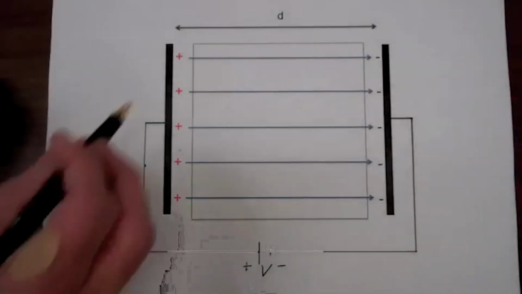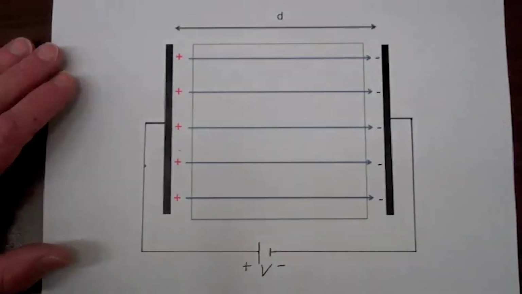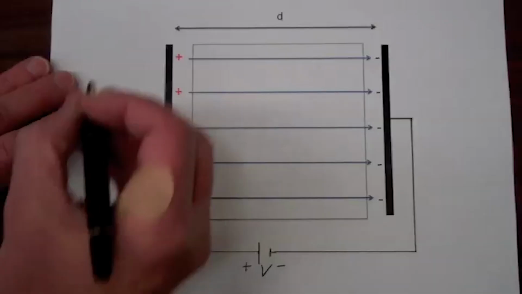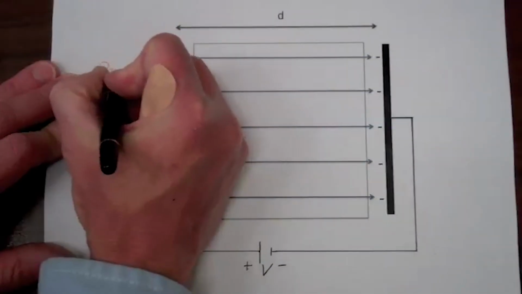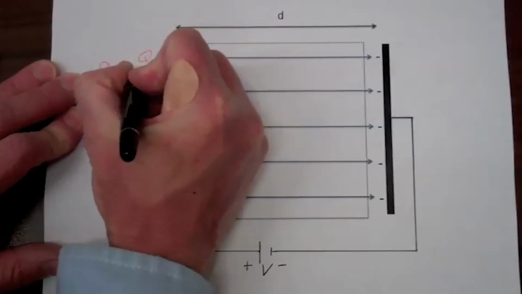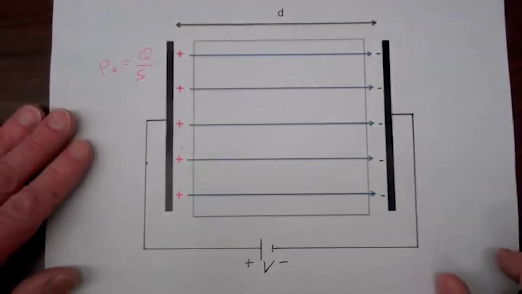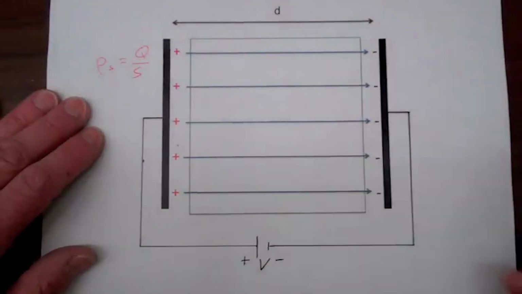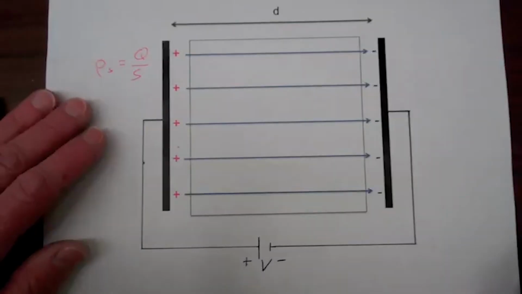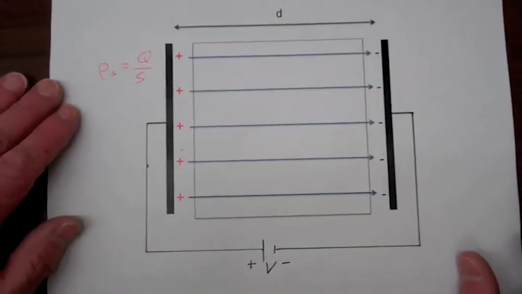With a charge of Q on the left-hand plate and an area for that plate of S, the surface charge density on that plate will just be Q over S. Now, assume the plates are perpendicular to the x direction and the positive x direction is to the right.